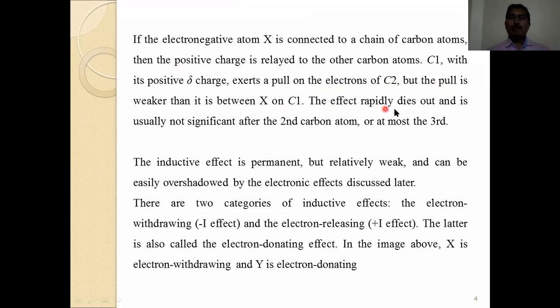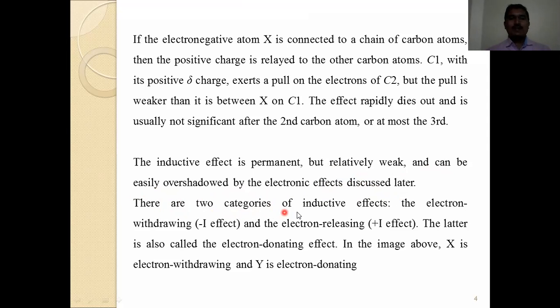The effect rapidly dies out and is usually not significant after the second carbon atom, or at most the third. The inductive effect is permanent but relatively weak and can be easily overshadowed by the electronic effects discussed later.